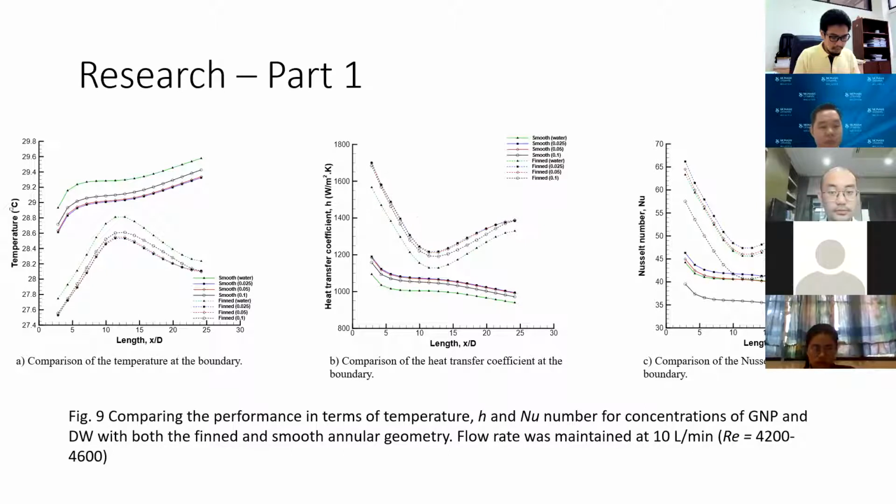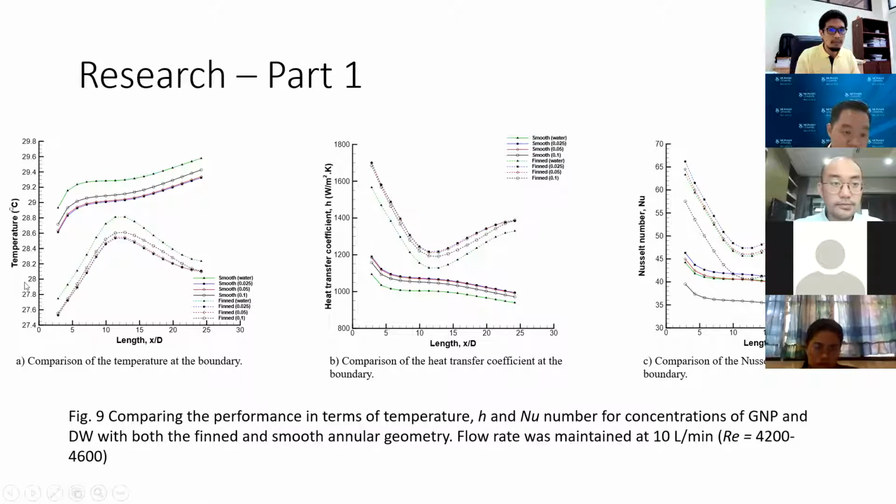So this is the result for part one of the research. As you can see here, this is the fin result with a dashed line and the smooth pipe. That means there's no fin. So fin and smooth. The result shows that for the fin and smooth annular geometry with different concentrations, better heat transfer performance with colloidal suspension was observed.